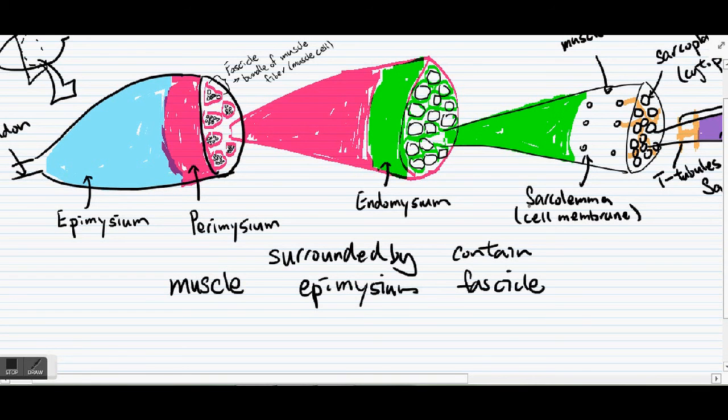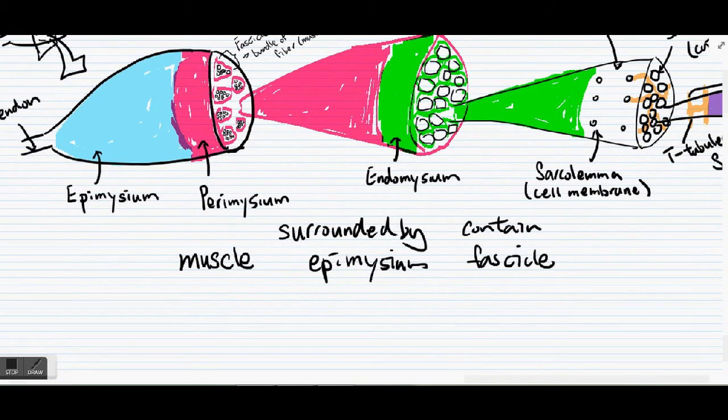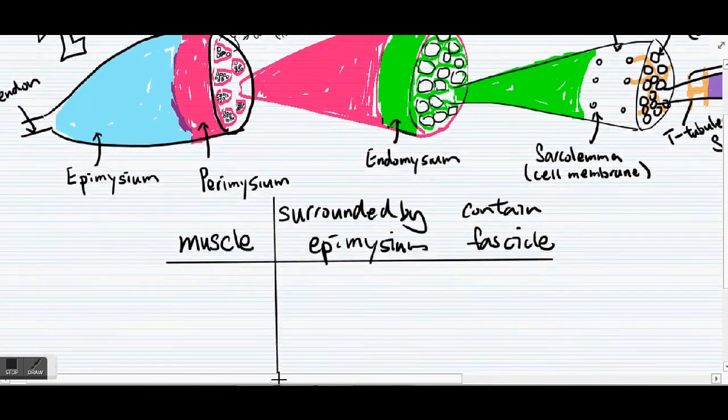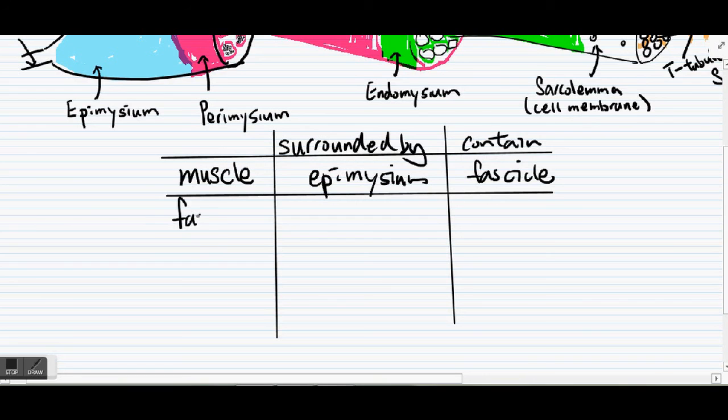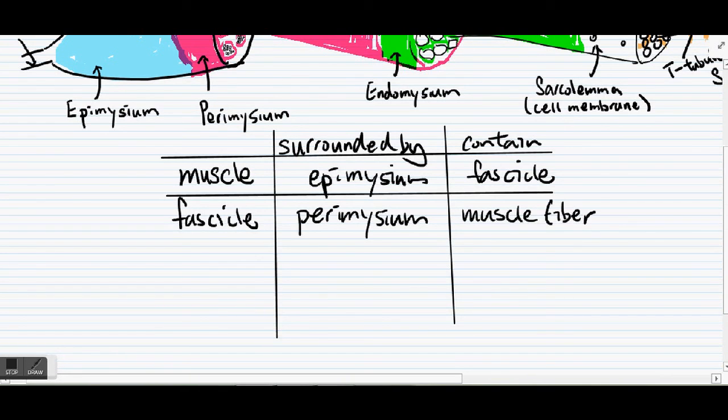Then you can go a layer deeper. If you think of the fascicle now, the fascicle is going to be surrounded by the perimysium, and it's going to contain the muscle fiber, which again means a single muscle cell.